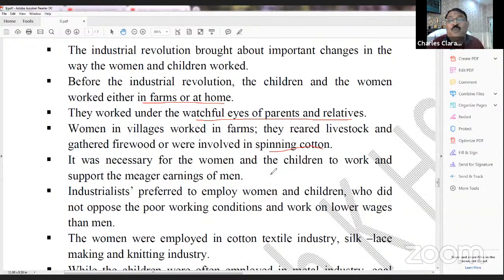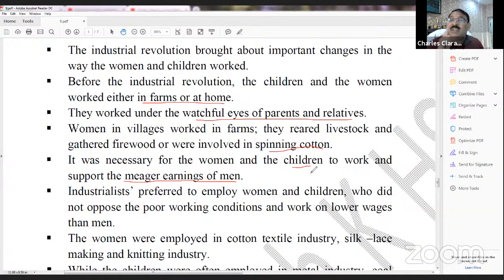Now it was necessary for women and children to work, to support the meager earnings of men. Isn't it surprising that if a man works as a laborer, he just cannot support his family? So a woman working along with a man is okay, but even children have to work.